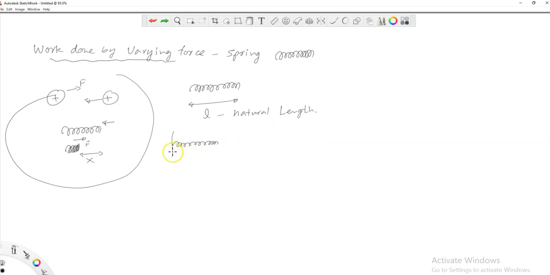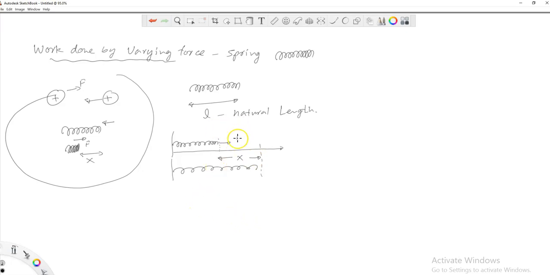Okay, so let's say you measure this length on the x-axis. So you start here and then you apply a force. Because of the force you applied, now the spring stretches. Now it's here. So this is the length that increased.